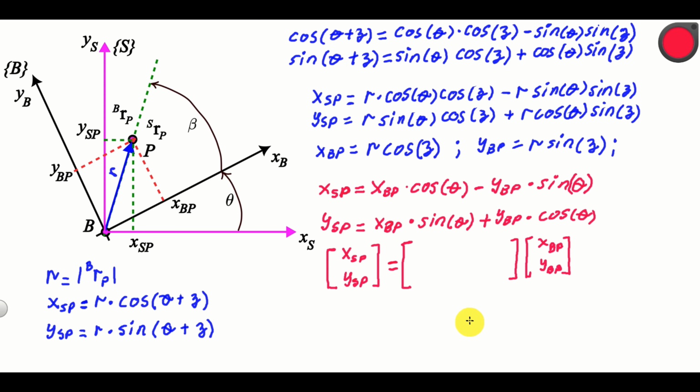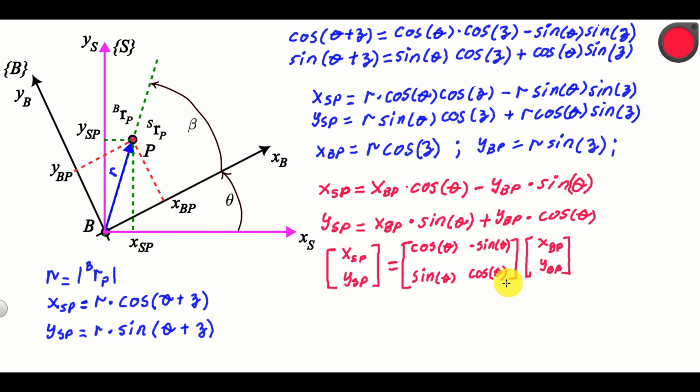Okay, now what we will have inside of this matrix? This term will go over here. So we will have cosine of theta. Then this term over here with the minus sign will go over here. We will have minus sine of theta. Then over here we will obviously have sine theta, and over here we will have cosine of theta.